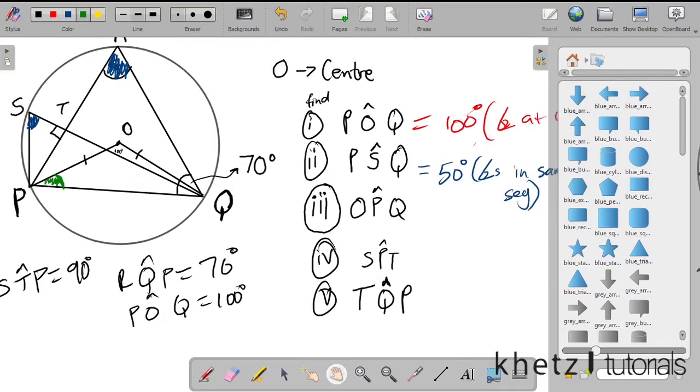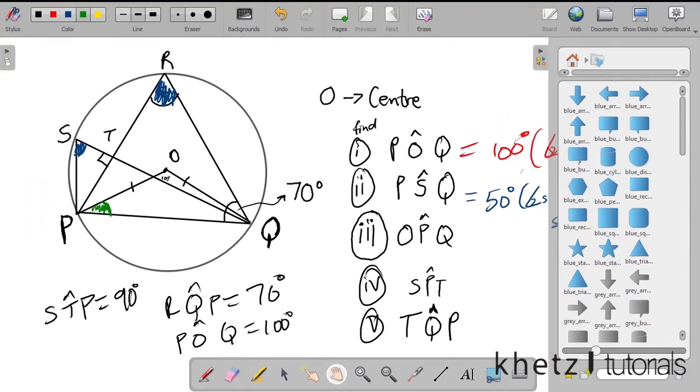Now, once again, we weren't given that these two are equal. So these lines were not supposed to be in the question. But if you look, these two lines actually originate from O, which is the center. And any line that originates from O and goes to the circumference is a radius. That line is also a radius, which means these two have the same length. And therefore, that is equal to that.